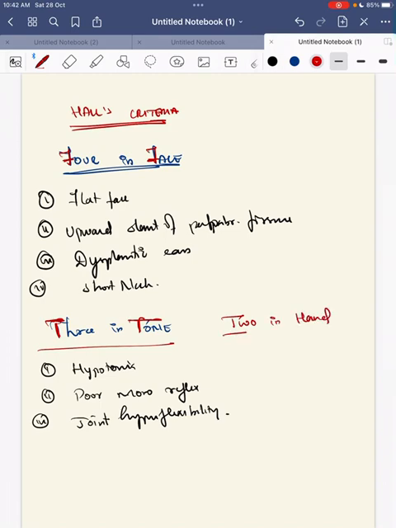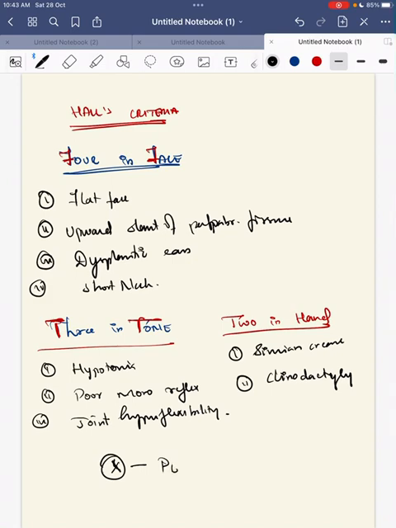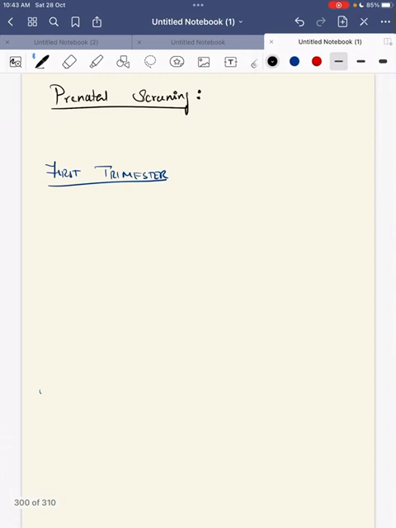Next, there will be 2 in hand. First is the single transverse palmar crease, that is simian crease. Second is clinodactyly. And the last and final 10th feature is one in hip, that is pelvic dysplasia. So these are the 10 features that you have to tell in Hall's criteria for Down syndrome.